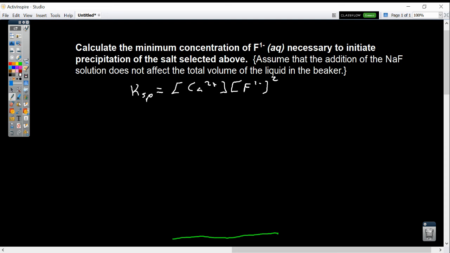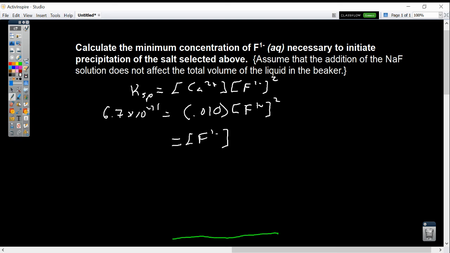In this case, we get our 6.7 times 10 to the negative 11th equal to 0.01, which was given in the problem. I'm going to pretend that's two sig figs, even though it wasn't, times the concentration of fluoride squared.